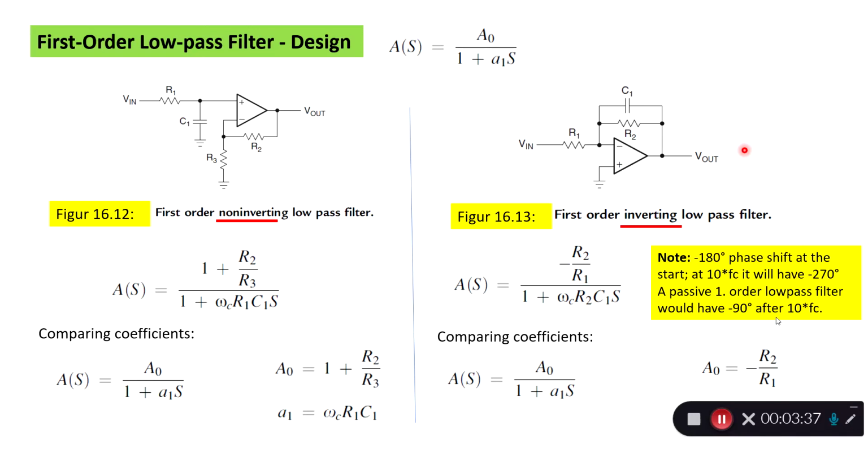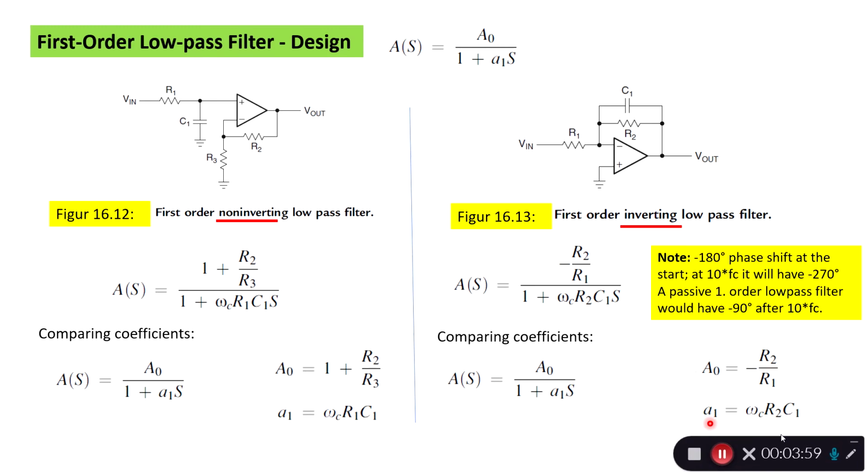So this design adds considerably to the phase shift. But the transfer function is given by this, where A0 here is R2 over R1 with the sign indication, and the coefficient for A1 is hiding behind here, and that's omega c, R2 and C1 that are responsible for that.